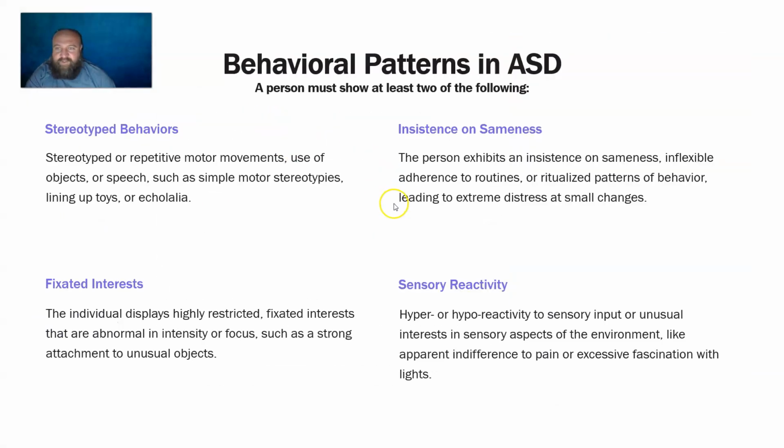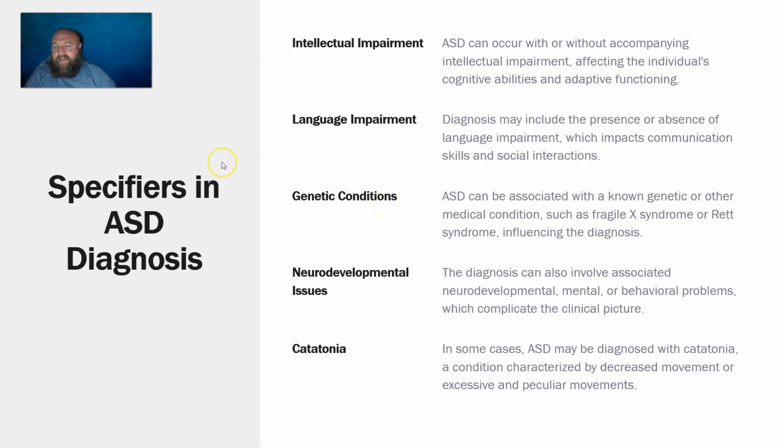All right, so I went over this. Specifiers. Say you have autism spectrum disorder and I'm a clinician diagnosing you with this. In addition to meeting all those criteria, the DSM allows for what's called specifiers. This is usually added on after the disorder.